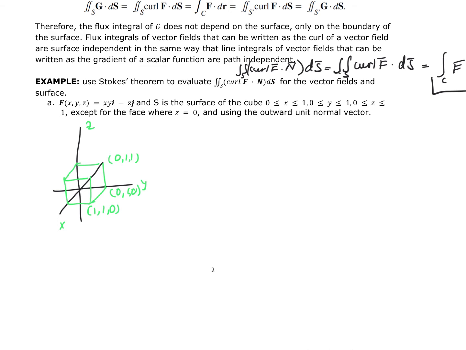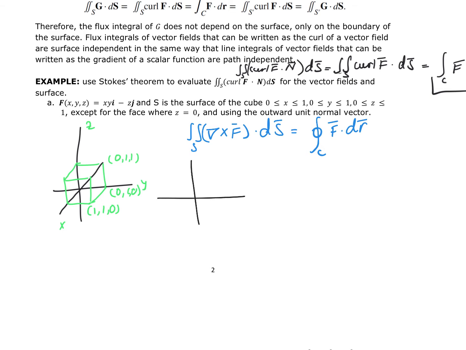What we know is the integration over the surface area S of the gradient crossed with F, the vector field F, dotted with dS, is going to be equal to the circulation around the curve C of F dotted with dr. So that means that using Stokes' theorem, we're just going to look at the curve on the xy plane.